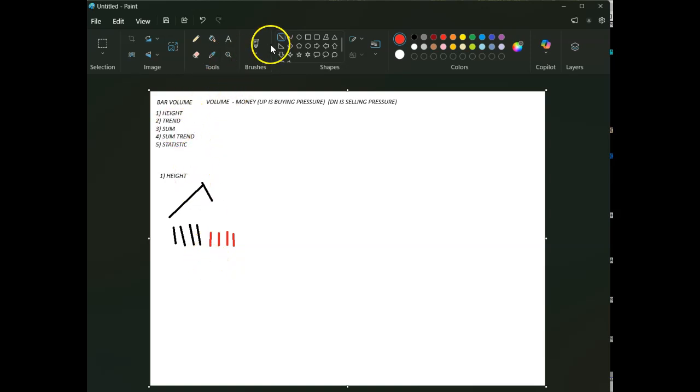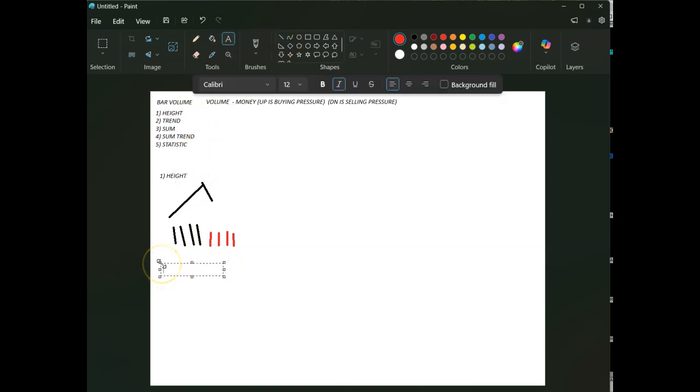Second, it is trend. So the first one, height, which is really the amount of money. So here we see that we have more money coming in. And that's why it's bullish, because the height is more than the height on the way down. The second is the trend.